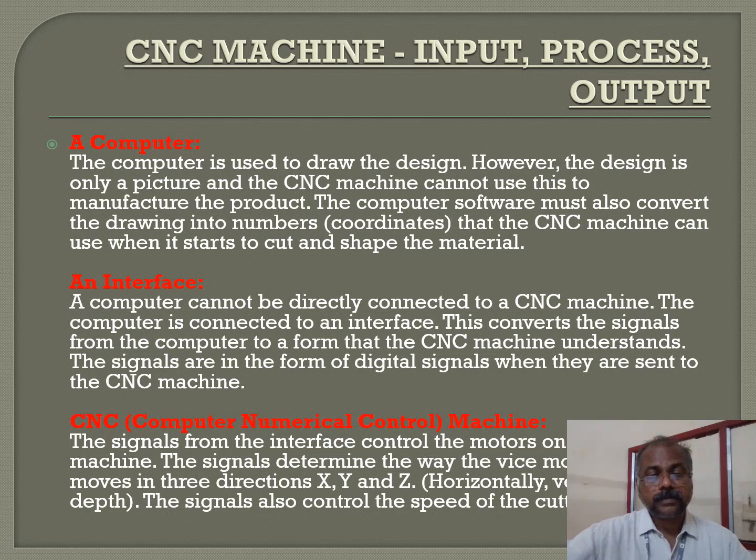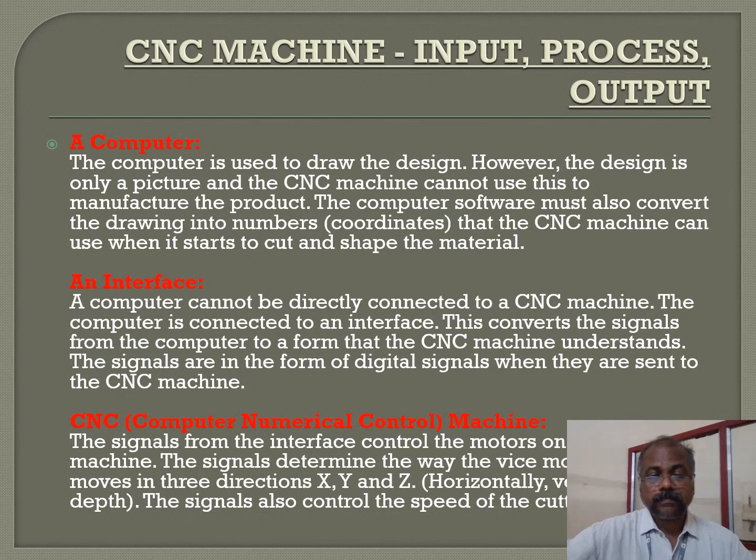Next, interface. A computer cannot be directly connected to the CNC machine. The computer is connected to an interface. This converts the signals from the computer to a form that the CNC machine understands. The signals are in the form of digital signals when they are sent to the CNC machine, that means the computer numerical control machine.